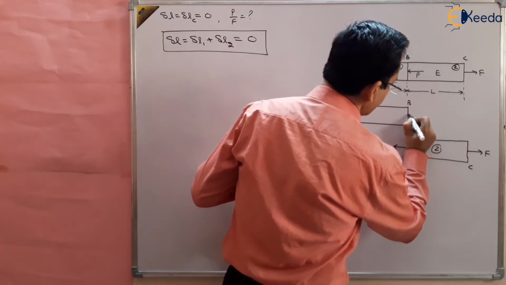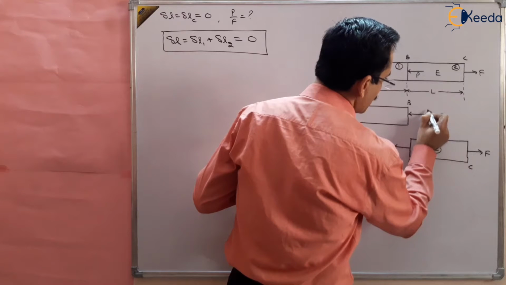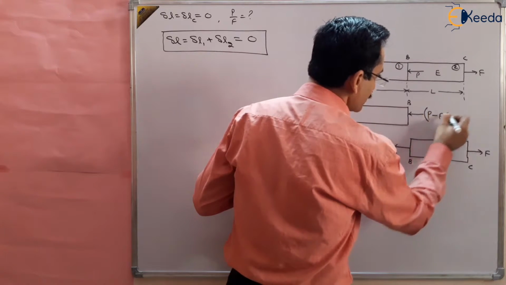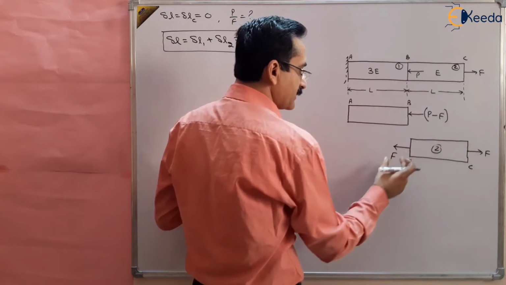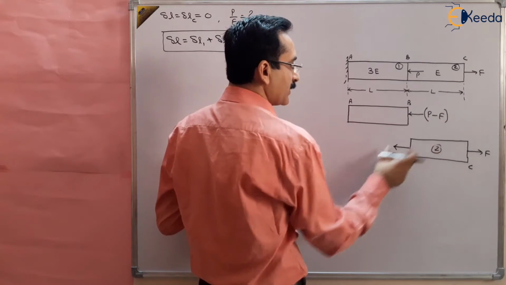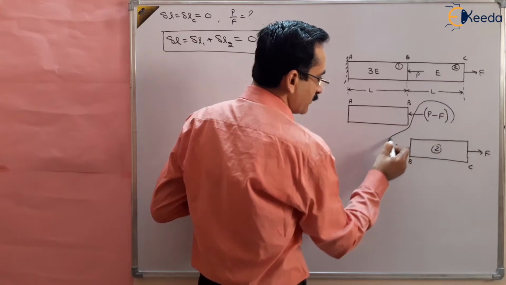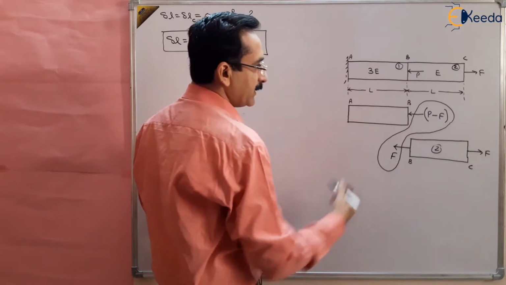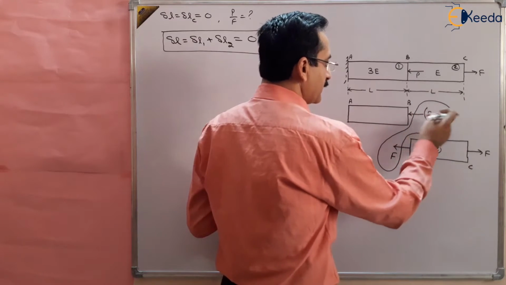We can apply here P minus F, so that this P minus F and this F together become equal to P in the leftward direction. F and F will cancel out and you will get P in the leftward direction.